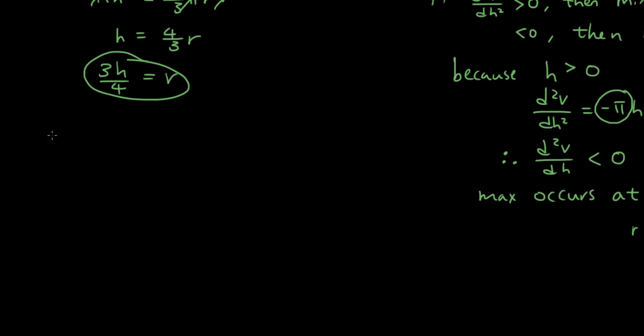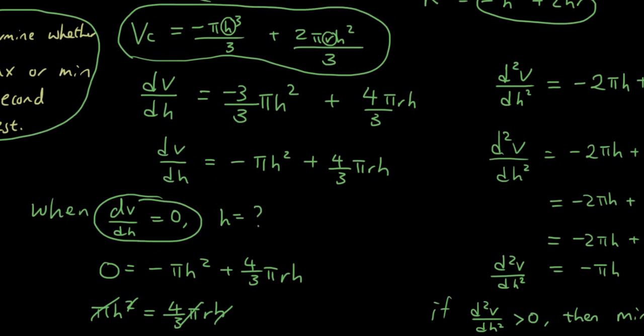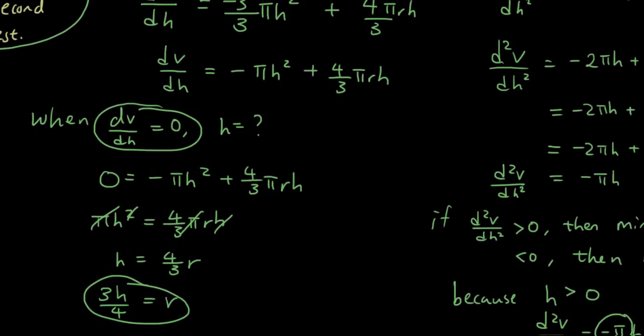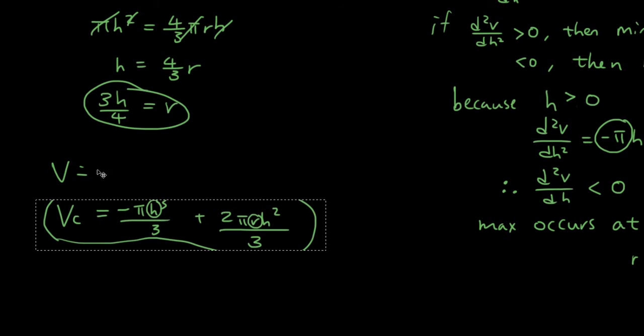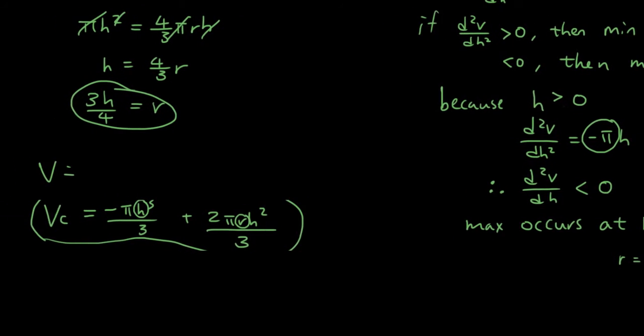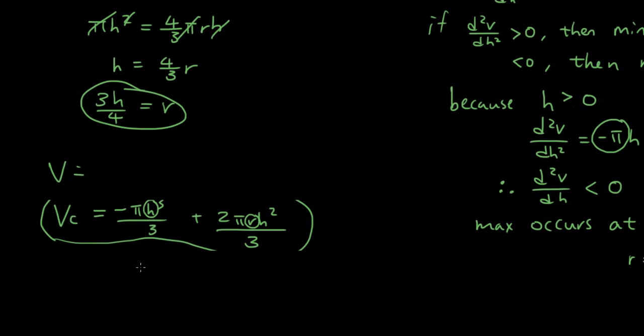So volume is equal to, I should probably just copy and paste that. Let's copy this, paste it here, and substitute in h equals 4 over 3r.